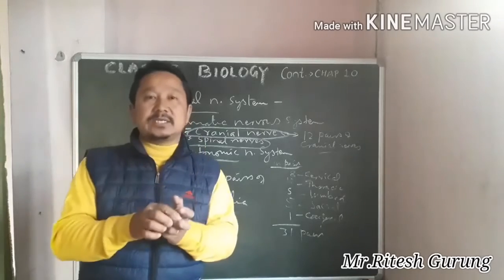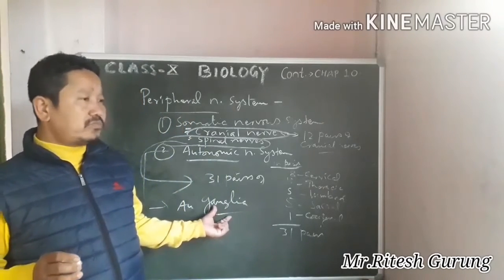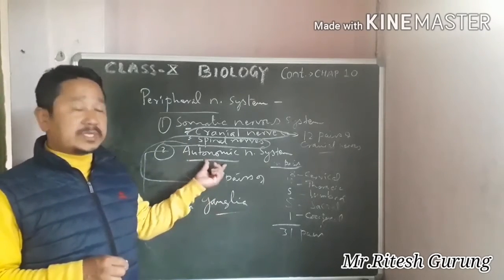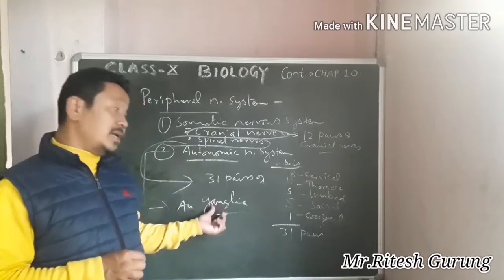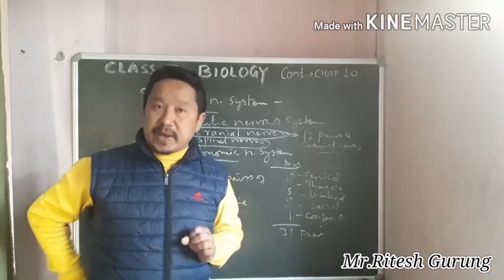A number of ganglia are there in the body. So the autonomic nervous system consists of a pair of chains of ganglia and other nerves on either side of your spinal cord.